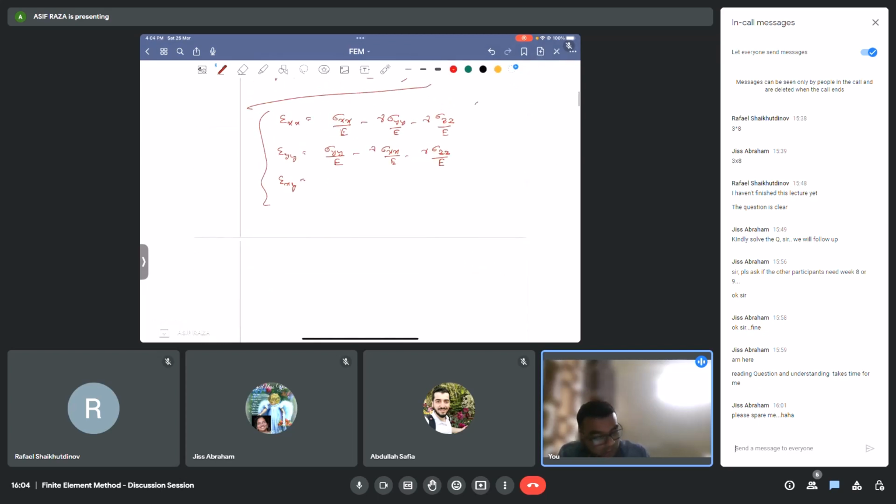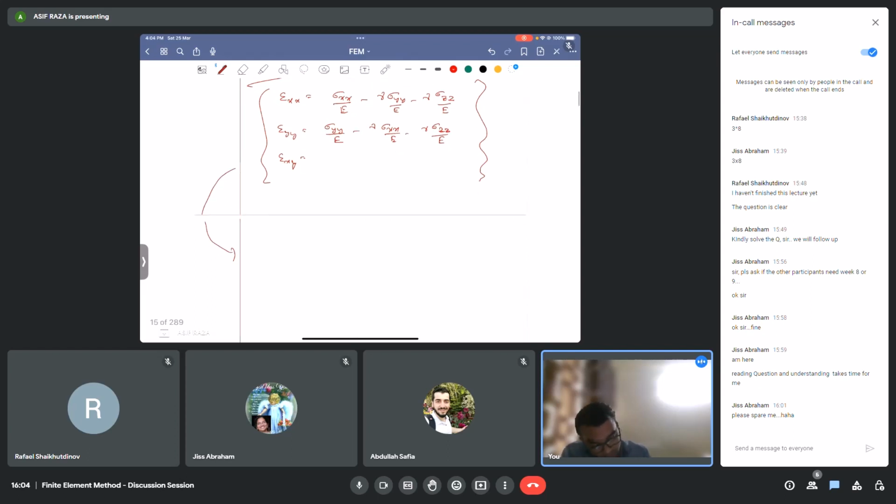This is the general case, right? If we simplify it further, sigma xx can be written in terms of epsilon xx, epsilon yy, and epsilon zz.